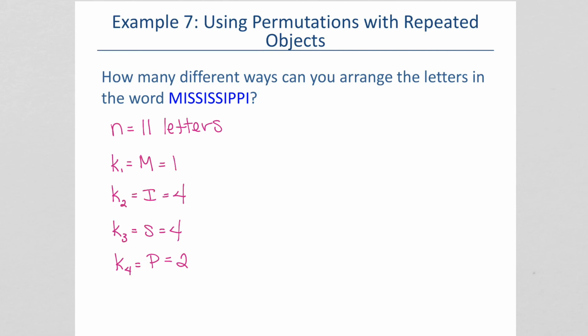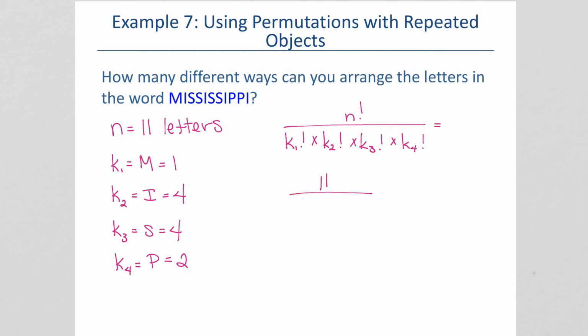So when you fill in your formula, we're only needing k sub 1 factorial times k sub 2 factorial. We're only needing it 3 times on the bottom with n factorial on the top.